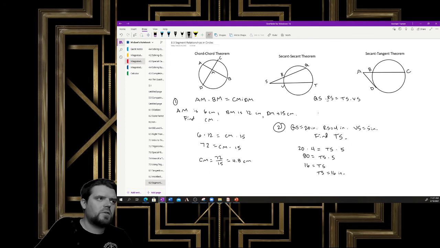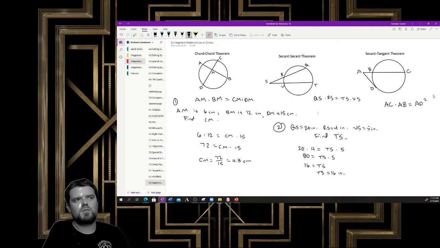So borrowing from the first part of the secant theorem, the whole secant line, AC, times the segment on the outside, AB, that's going to equal the tangent squared. So AD quantity squared is your secant-tangent theorem. Again, if you're looking at the PowerPoint or supplementals, you may have different variables here, but the setup is the same for these three theorems.